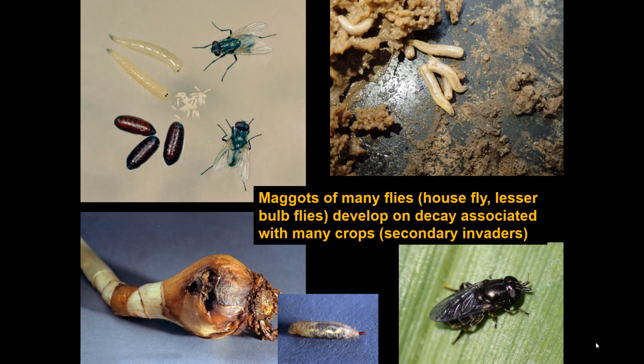You can find fly larvae in there all the time, but those are secondary. So like a housefly would be a secondary pest on a vegetable crop. It wouldn't invade and hurt the plant on its own, but once there's some damage, it'll move right in. So you have to be careful with what's a primary pest that's causing the damage and what's secondary.